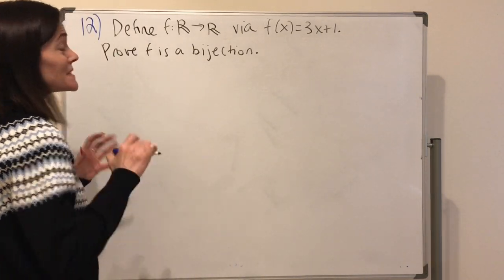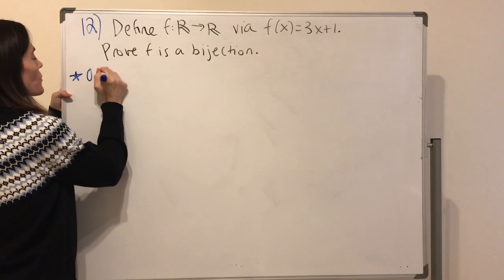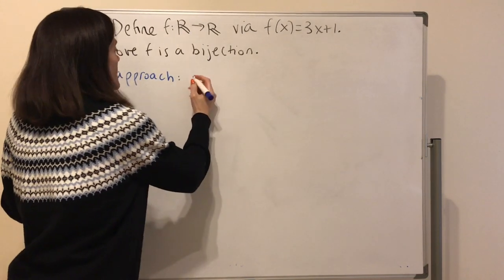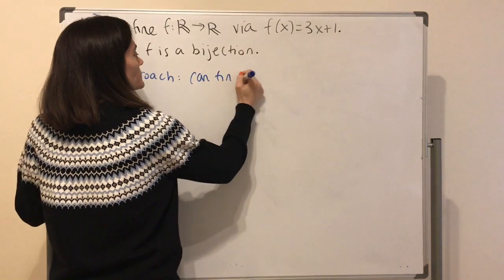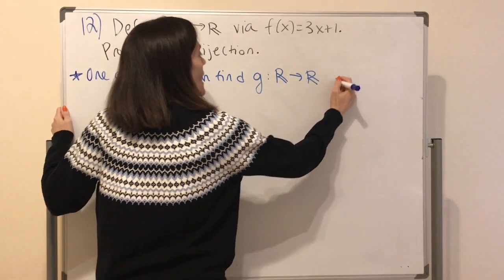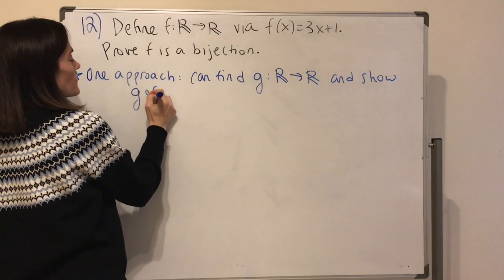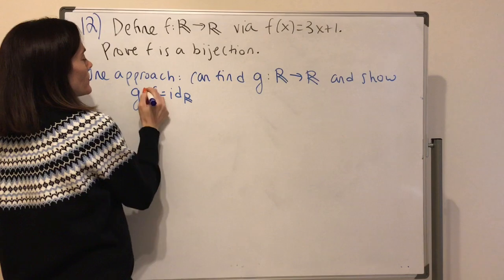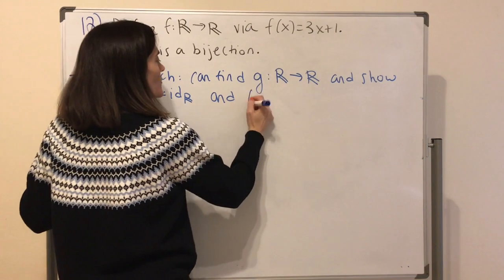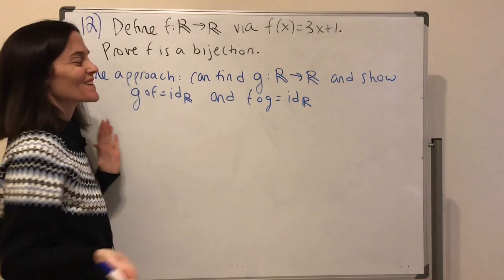But one thing that you can do specifically for a bijection, okay, so let me put this in stars. One approach is we can find a function g that maps from R to R and show that G compose F is the identity on R. This is with F going first, and that F compose G is the identity on R. This is with G going first.